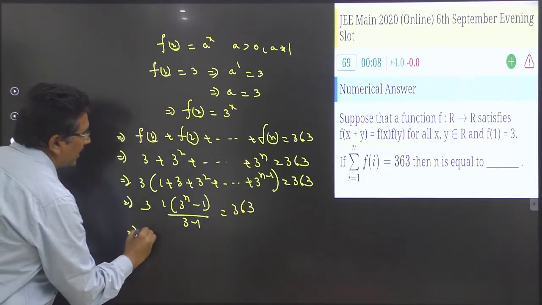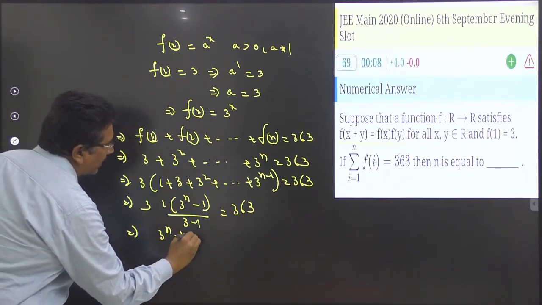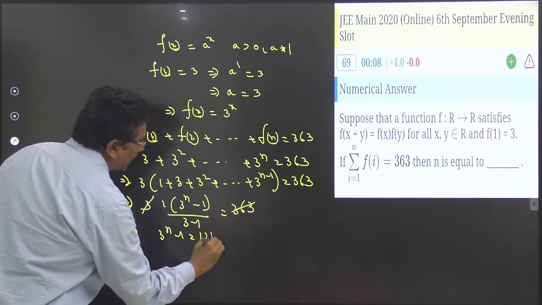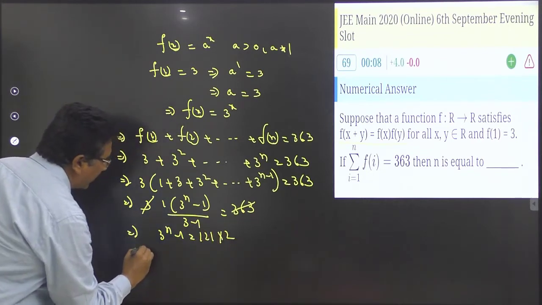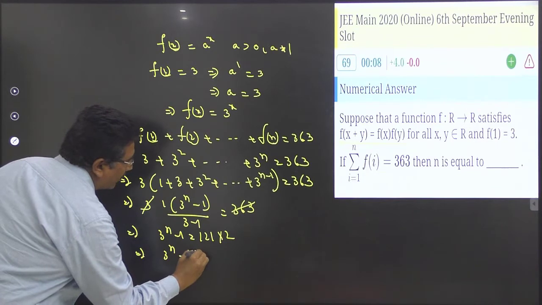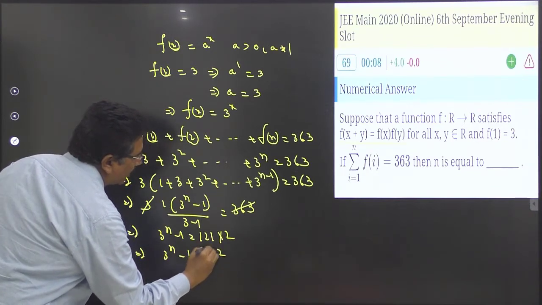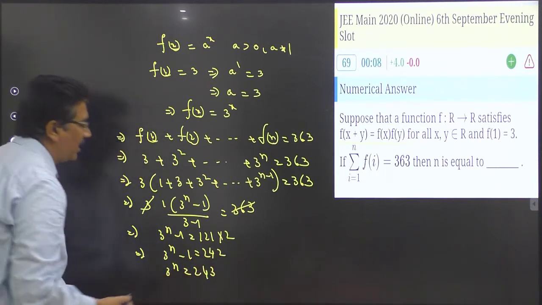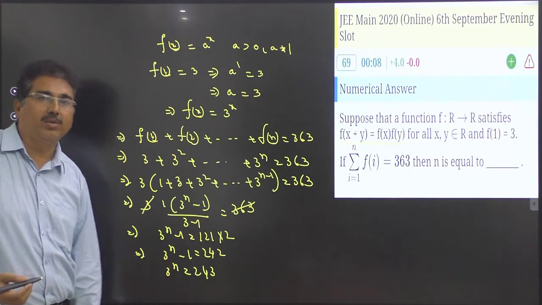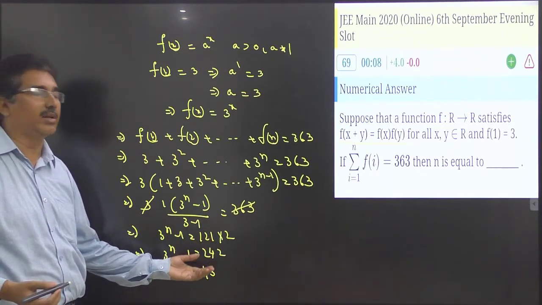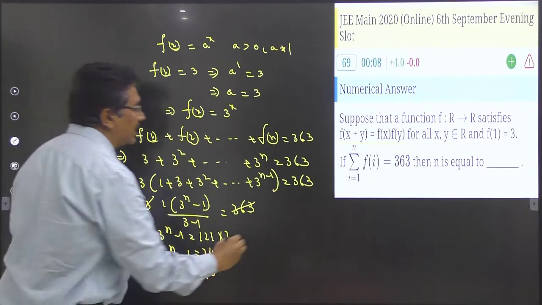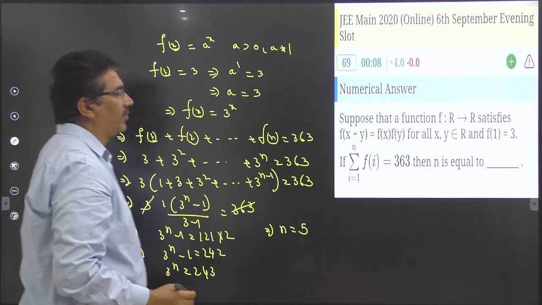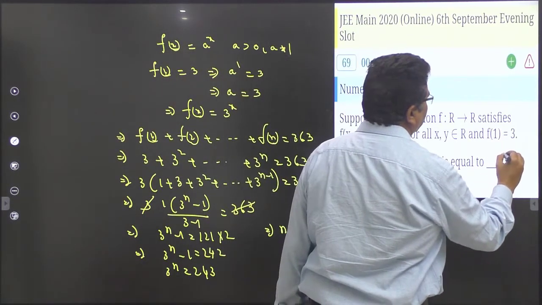That implies 3^n - 1 equals 2 times 121, so 3^n = 243. 3^4 is 81, 3^5 is 243, that implies n is equal to 5.